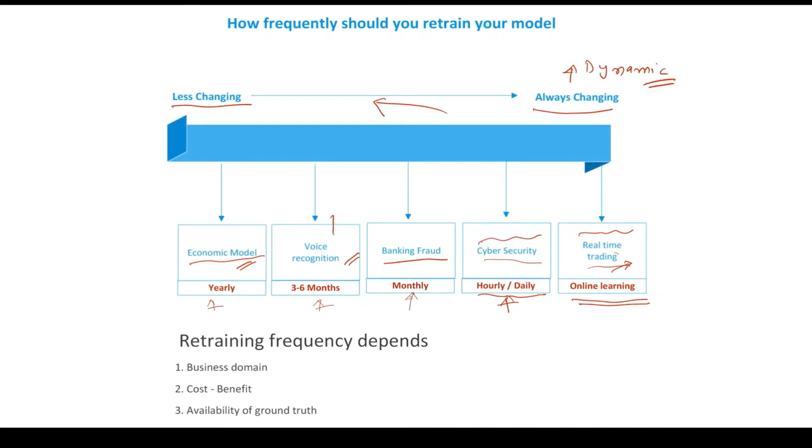Depending upon your business requirement and the use case, you can decide the appropriate frequency, based on how dynamic your environment is and how frequently your data changes, because this is the key factor. Just keep in mind which domain you are in, and consider these aspects while determining your model retraining frequency.